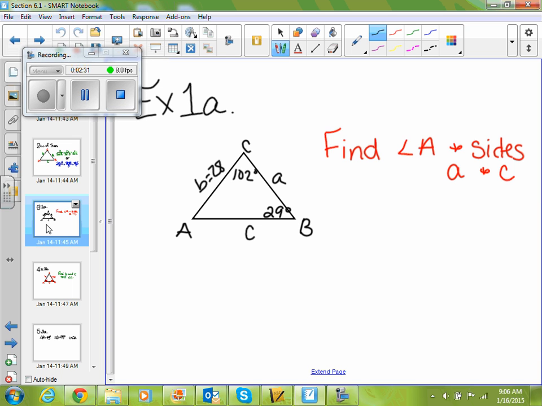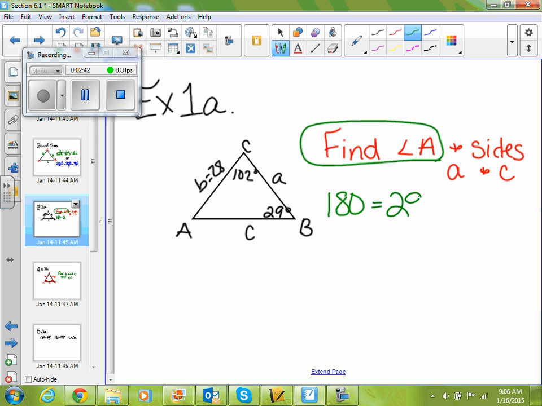Okay, first thing I know when I'm finding angles is that all angles of a triangle add up to 180. So I know that 180 is going to equal 29 plus 102 plus angle A. So 29 plus 102 is 131.